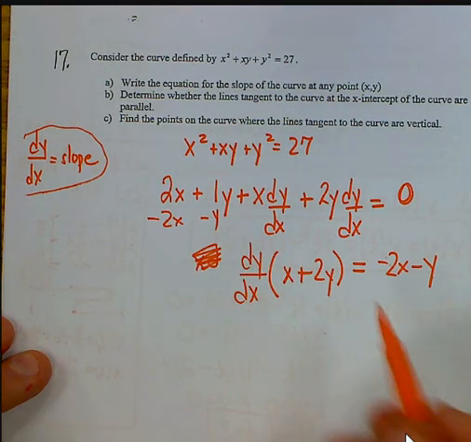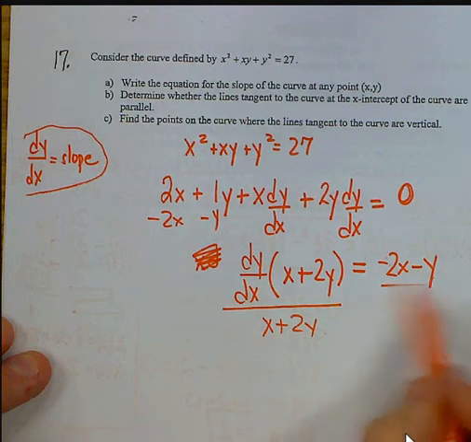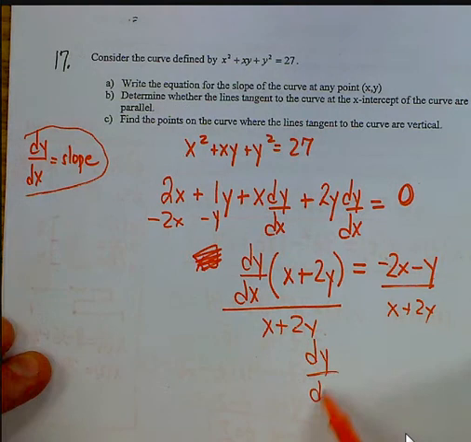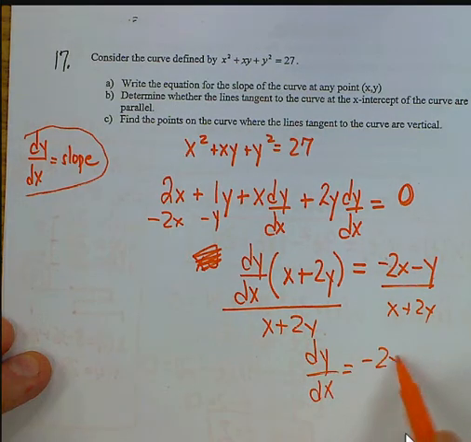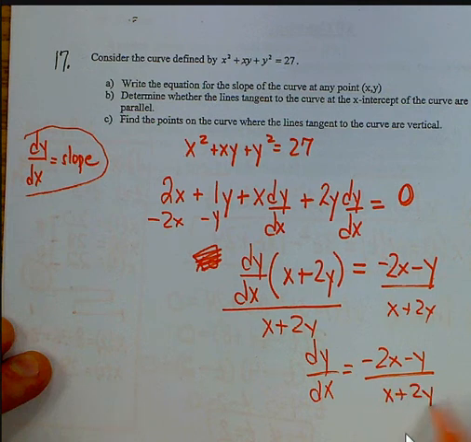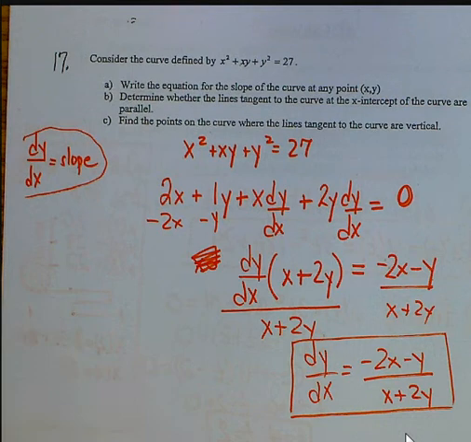What do I divide both sides by? Yep, x plus 2y, because we're looking to get that dy/dx piece out. So dy/dx is going to equal negative 2x minus y divided by x plus 2y, and that's what they wanted. They wanted, write the equation for the slope of the curve at any point. There it is.